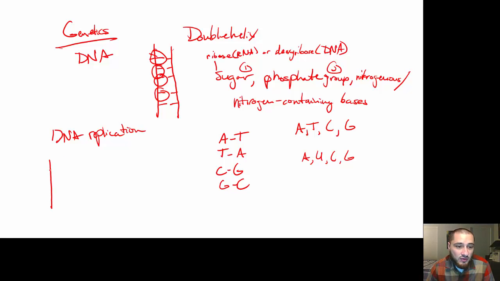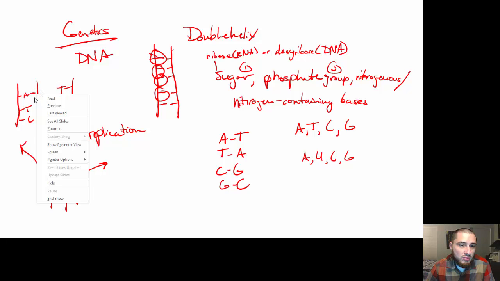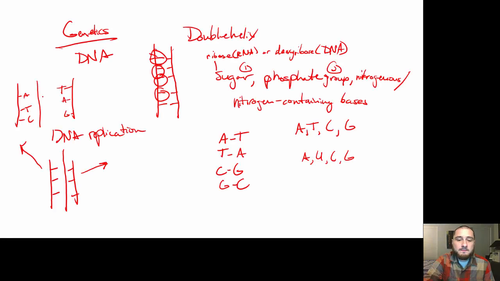involves having these rungs, and what happens is we're going to split this down, and one's going to go over here and one's going to go over here, and just by knowing, so if I take this side and this has, say, A, T, C, and this side has T, A, G, because they were paired up previously, well, now I'm going to build a new other side.